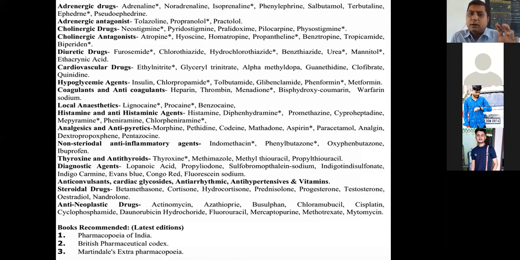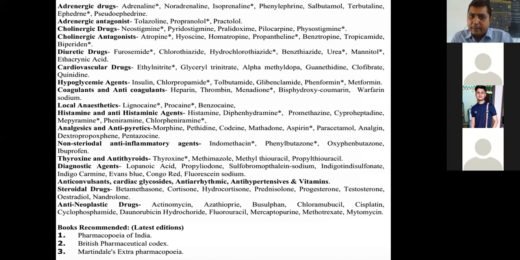This subject includes all categories of drugs. Likewise adrenergic drugs, anti-adrenergic and adrenergic antagonists, cholinergic drugs, cholinergic antagonists, diuretic drugs, cardiovascular drugs, hypoglycemic drugs, coagulants, anticoagulants, local anesthetics, antihistaminics, analgesics, antipyretics, non-steroidal anti-inflammatory agents, thyroxine, antithyroids, different diagnostic agents, anticonvulsant drugs, glycosides, antiarrhythmic, antihypertensive, vitamins, steroids, and anti-cancer drugs.